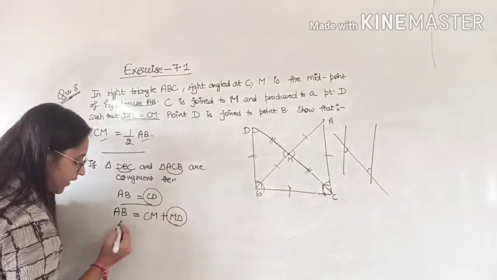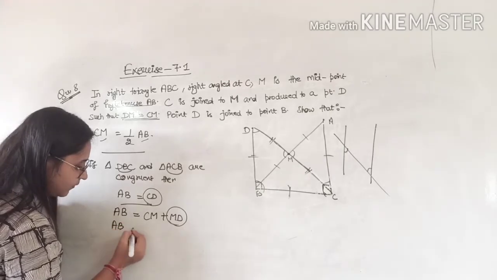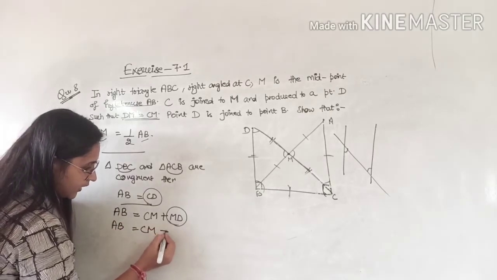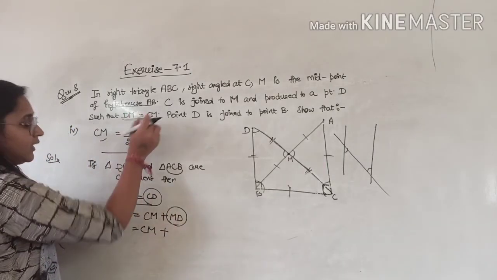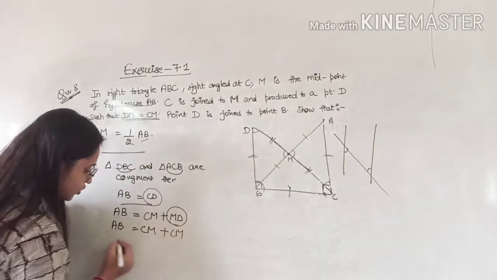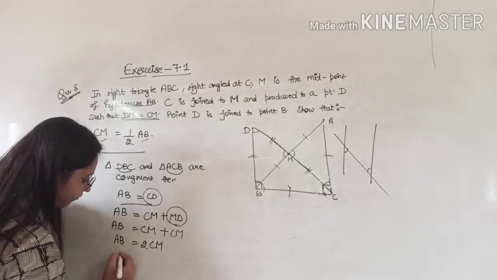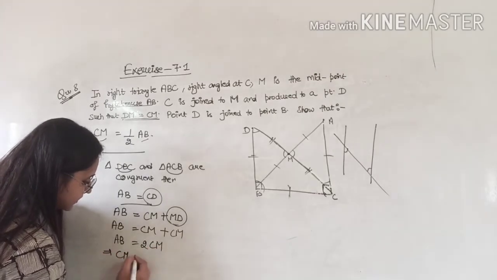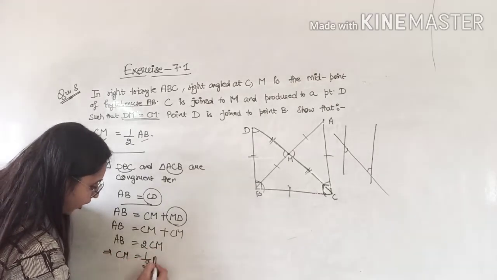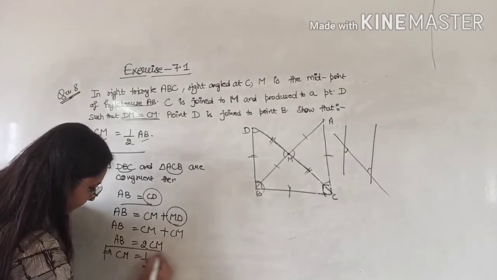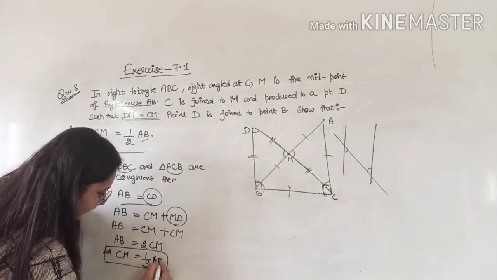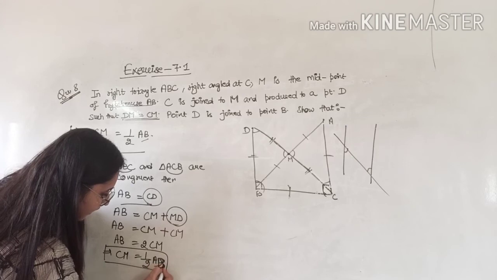So in place of MD, can I write MC or CM? In place of MD, I can write CM. So AB will be equal to 2 times CM, and finally it will imply CM is equal to 1 by 2 of AB. This is the proof.